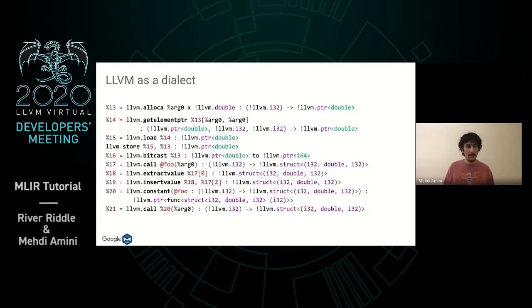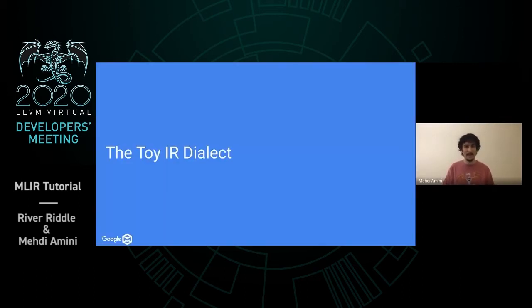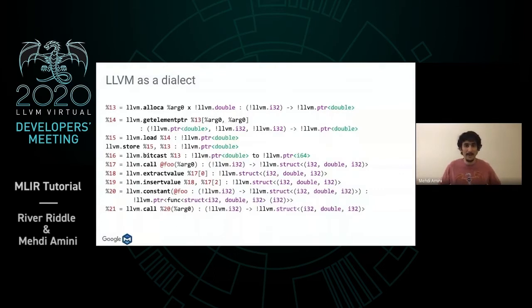All right, another example of a dialect with a custom printer is LLVM. We can model LLVM IR as a dialect. It is actually implemented in MLIR. You will find the LLVM instructions and types prefixed with the LLVM dot dialect namespace. It's not feature complete right now.